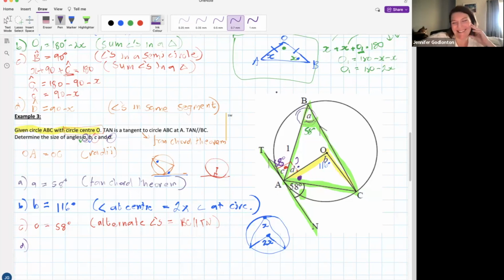Think about right in the beginning of this question when I said that if they tell us that we have a tangent, we want to look at two different things. We want to look to see if there's a tan chord and we want to see if there's this dude here.